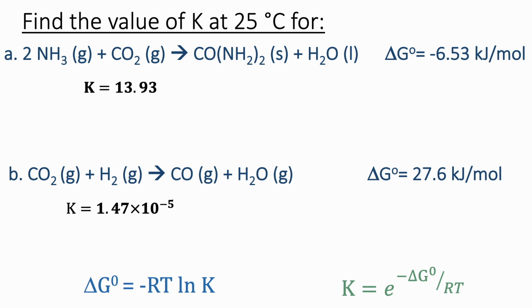We see our reaction in part A with a negative delta G naught value that favors the forward reaction, and that gives us an equilibrium constant that clearly favors the products. And in part B, we have a delta G naught value that's positive that tells us our reverse reaction is spontaneous. And that gives us an equilibrium constant value that shows that reactants are favored.